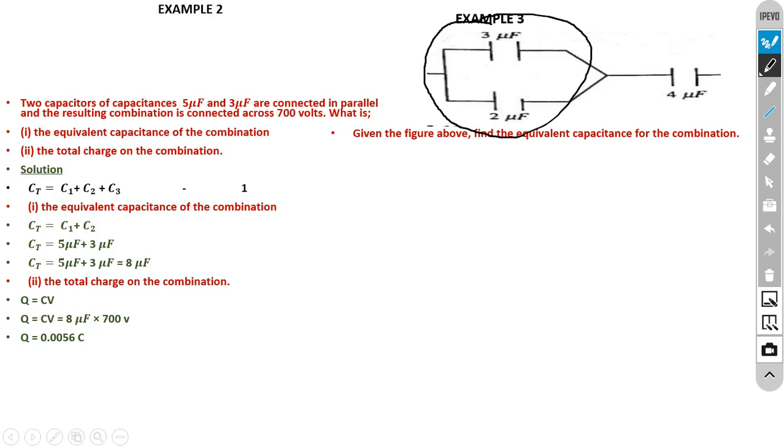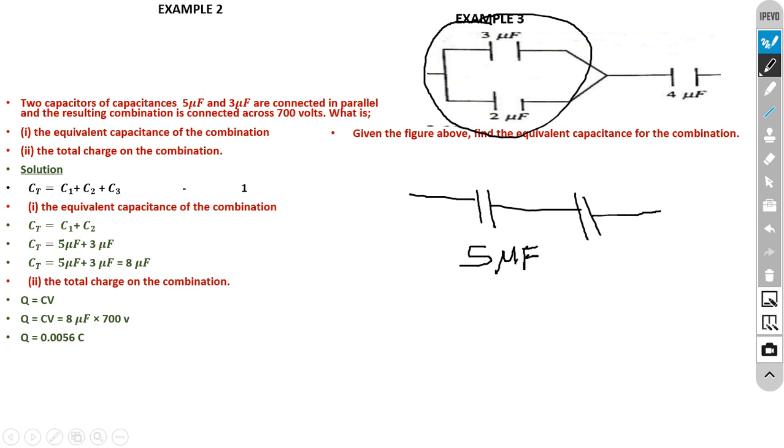Solving for this in parallel, of course, assuming the answer is 5 microfarad, it means the expression as it is now will reduce to something like this. So it will now give us a series arrangement. So the moment we solve this area where we have the parallel arrangement, this value will give us a single value, let's say 5 microfarad.